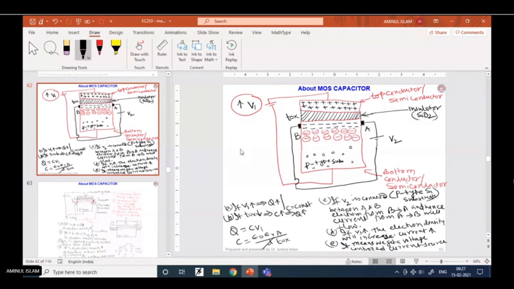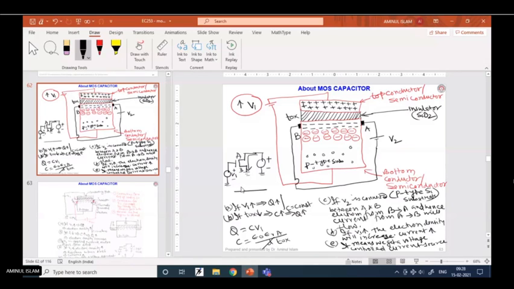Current source means something like this. Suppose I denote it like this and apply voltage, this is your V1. If you increase V1, you get more current in this direction from A to B.